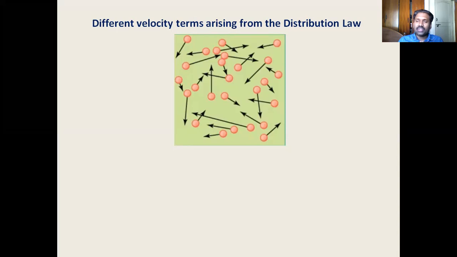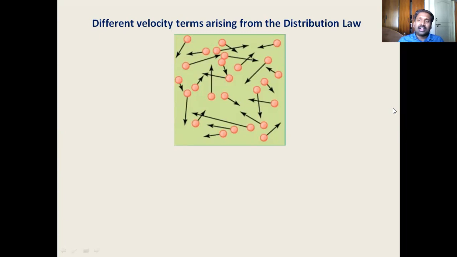It only tells us, if we consider a velocity value, or to be precise, if we consider a small range of velocities, what is the number of molecules possessing that v plus delta v velocities.